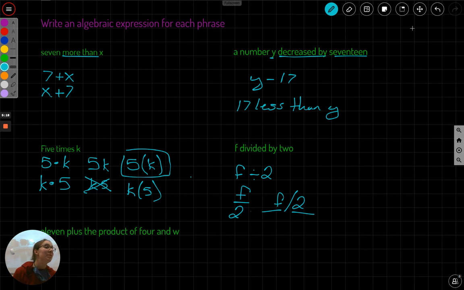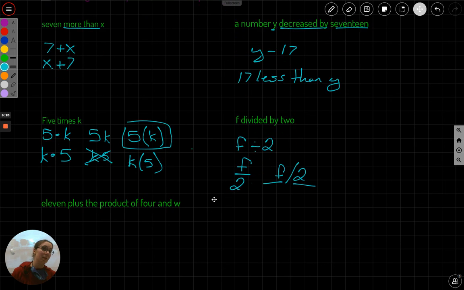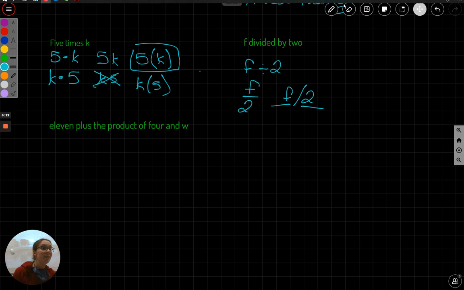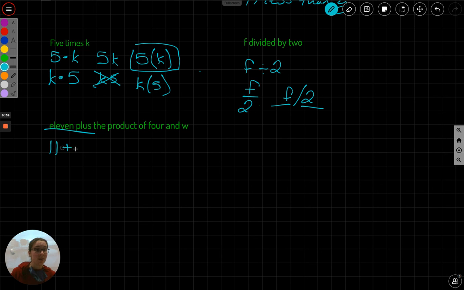Now, this last one, 11 plus the product of 4 and w. And again, there are a couple of ways to do this one too. 11 plus, that part has not changed. 11 plus the product of. Product, that means multiply. So I can do 11 plus 4 dot times w.